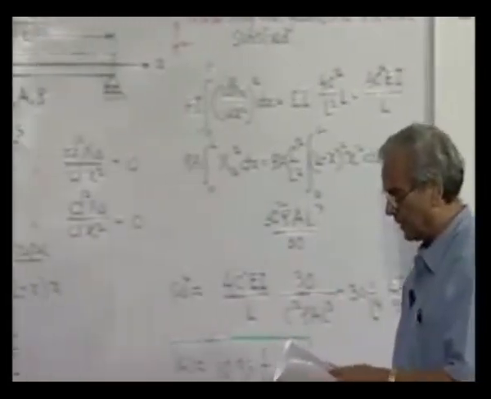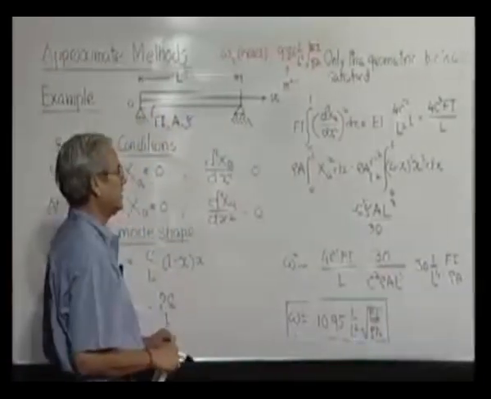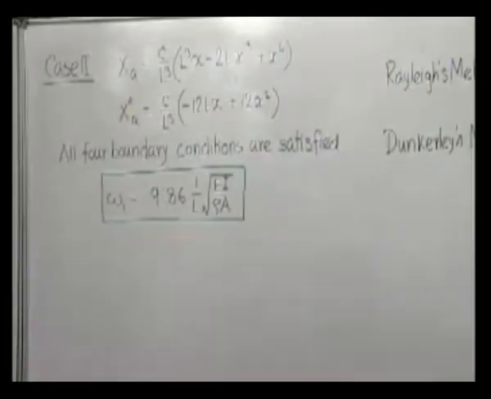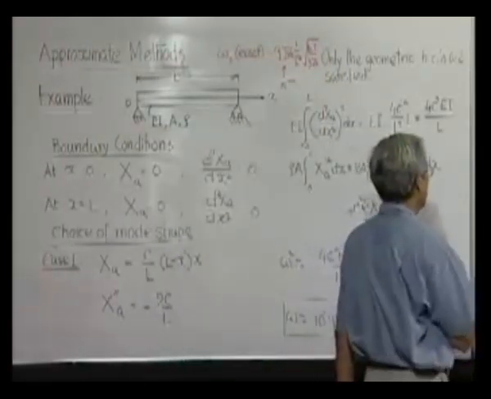Now the question is that in all these cases we could solve the problem exactly. So what we have gained by this? We only got an approximate answer. That will be apparent if we take another example.